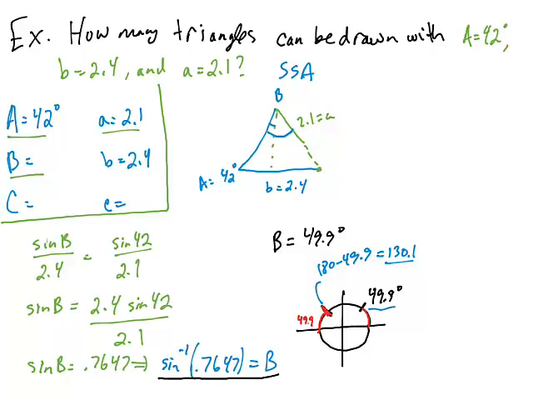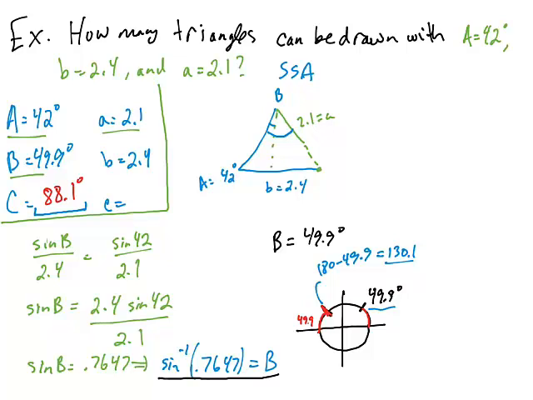We figured out 49.9 degrees, and that should tell us what angle C is. All of the angles add up to 180, so if I add 42 plus 49.9, and then subtract that from 180, we're left with 88.1 degrees. So those three angles add up to 180. That would create the first triangle.